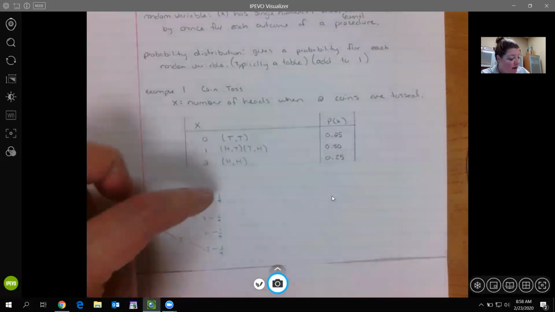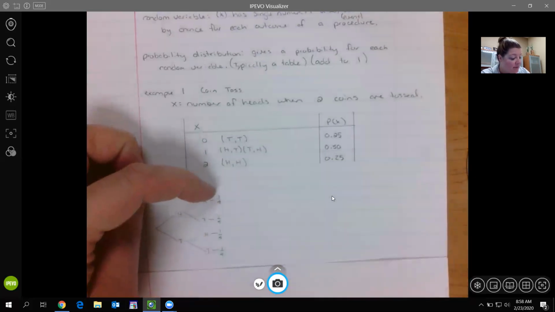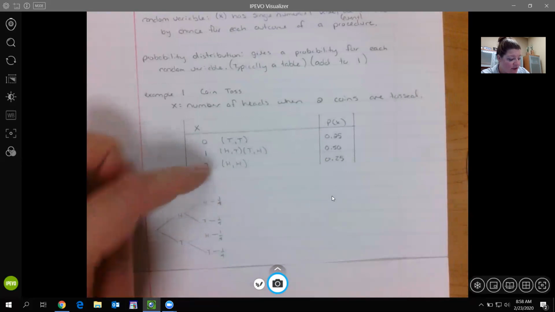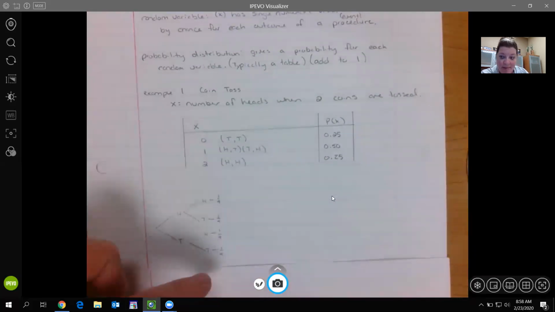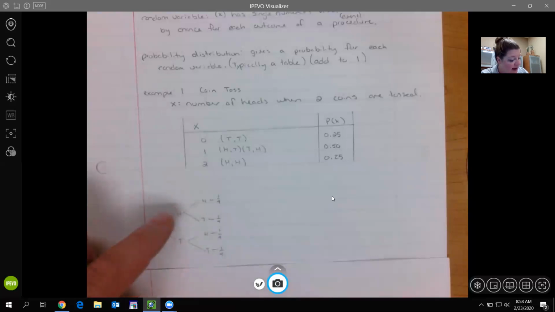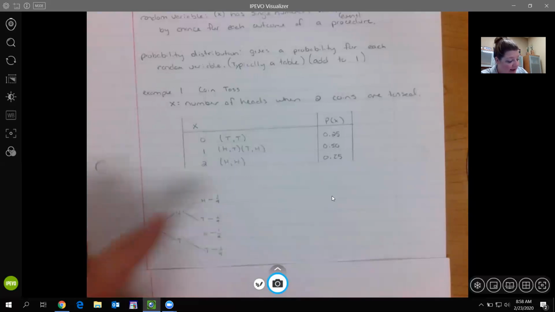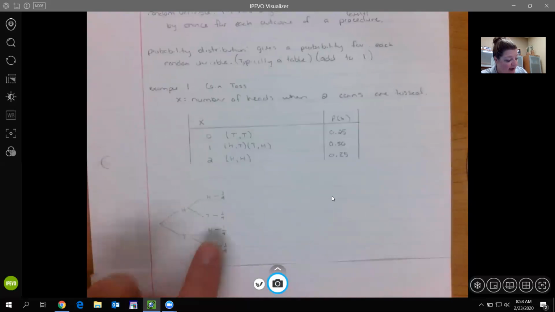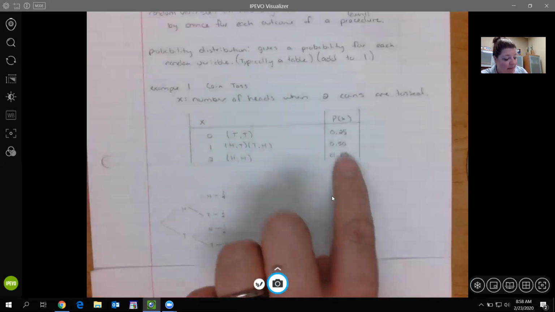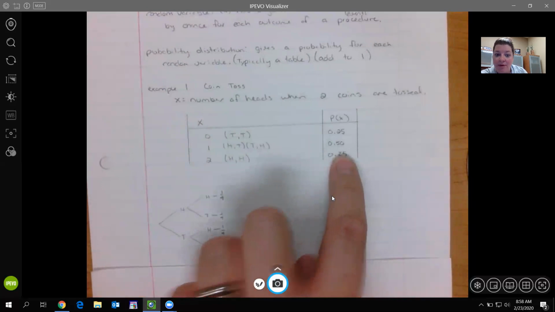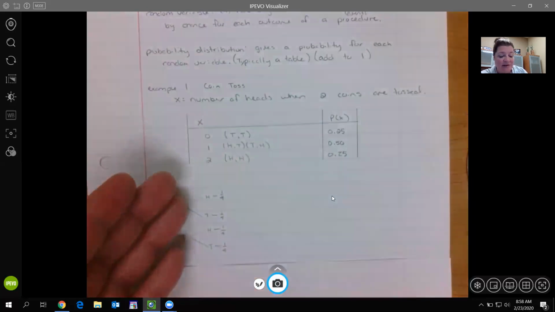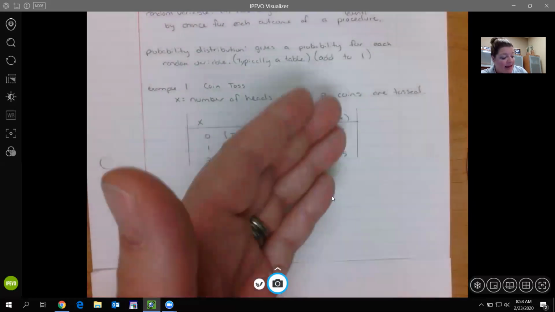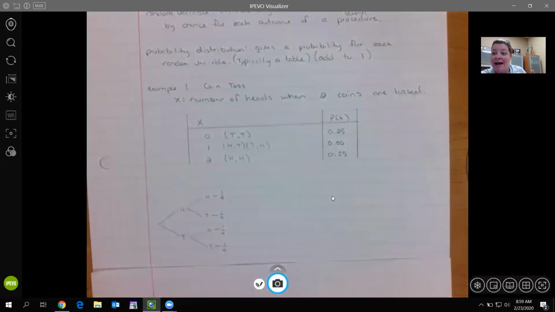So in this row, we had 2 heads, which is here, and we have 1 out of 4 probability. And then if we got a heads and a tails, we got 1 head. But also if we got a tail then a head, we got 1 head. And that's where the probabilities are 1/4, 1/2, and 1/4. So here's a probability distribution. We have all the x values that could possibly happen, and our probabilities add to the number 1. Okay, that's all it is.